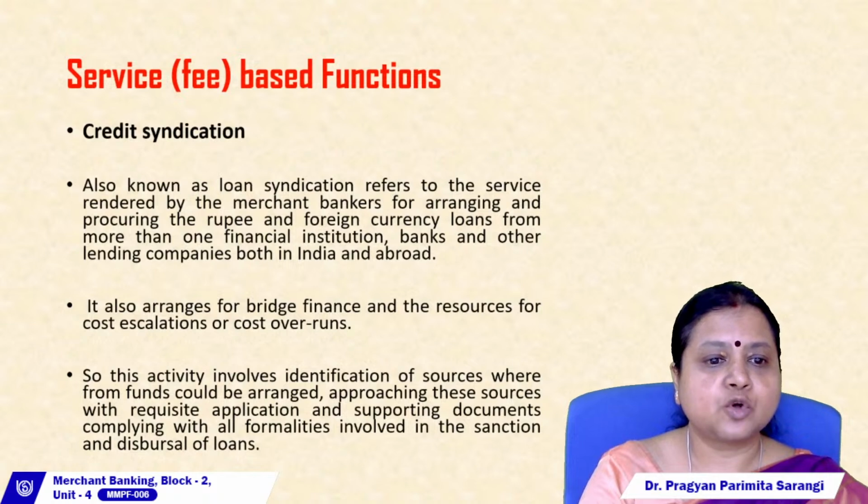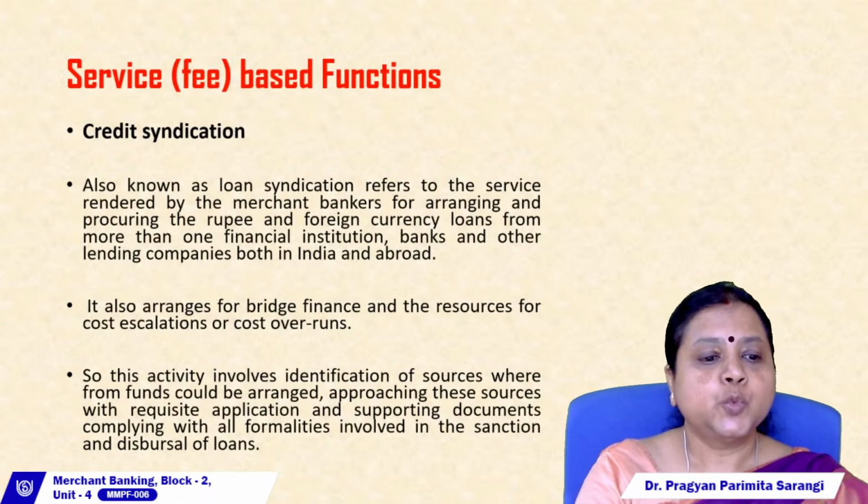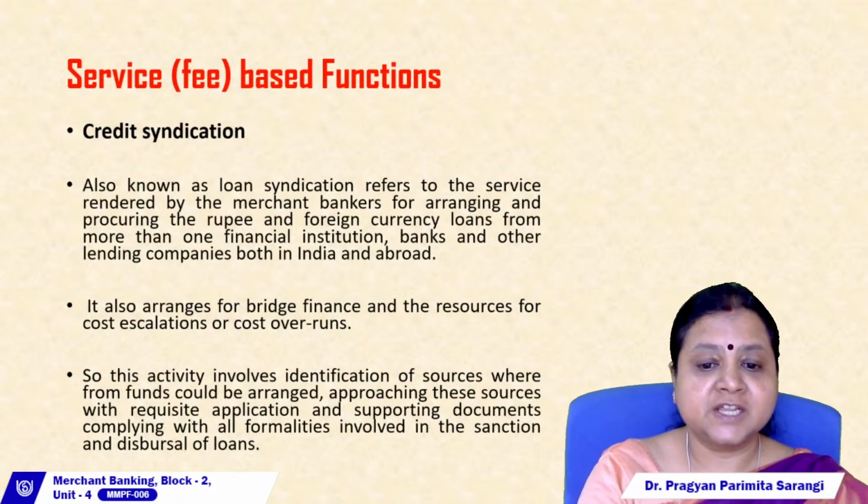Now, the merchant banker also arranges for bridge finance and resources for cost escalation or cost overruns. So this activity involves identification of the sources from where the funds can be arranged.